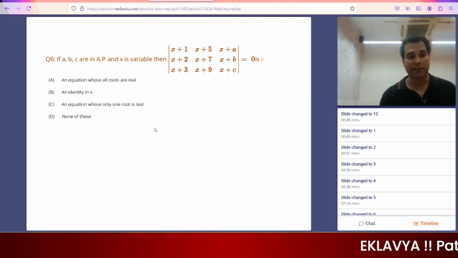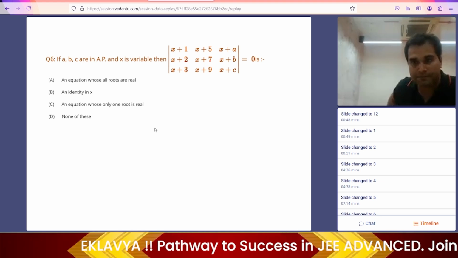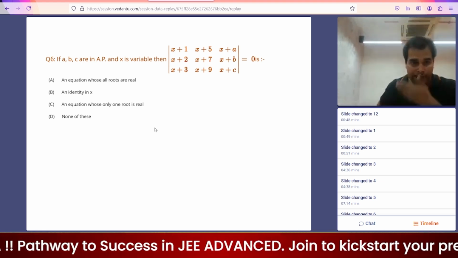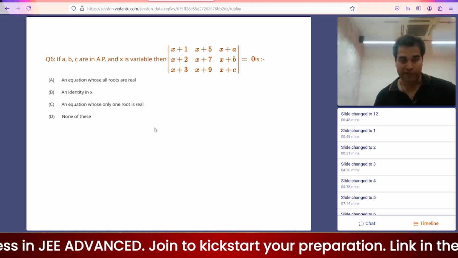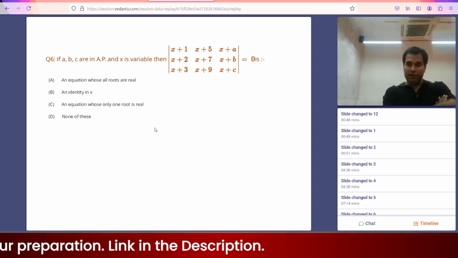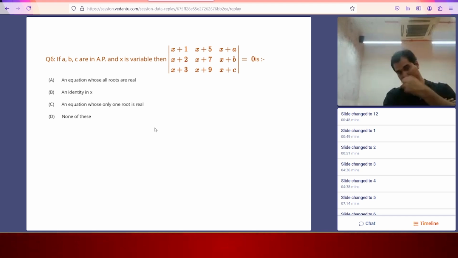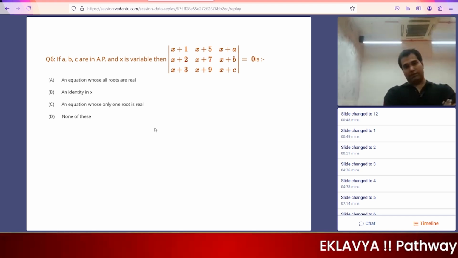If A, B, C are in AP, in the given question, A, B, C are in AP, and an equation whose all roots are real. Now, before starting the solution, how to find the roots?